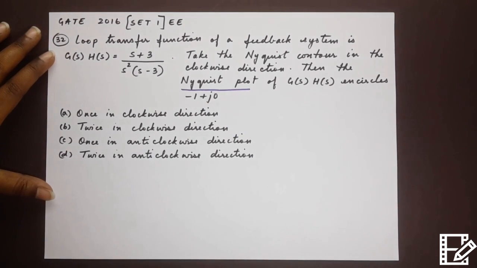Before we go into the actual calculation, let's go over a few basic aspects. The Nyquist plot is another frequency response plot of a transfer function, and the basics are the same as the Bode plot. Both are frequency response plots of transfer functions.